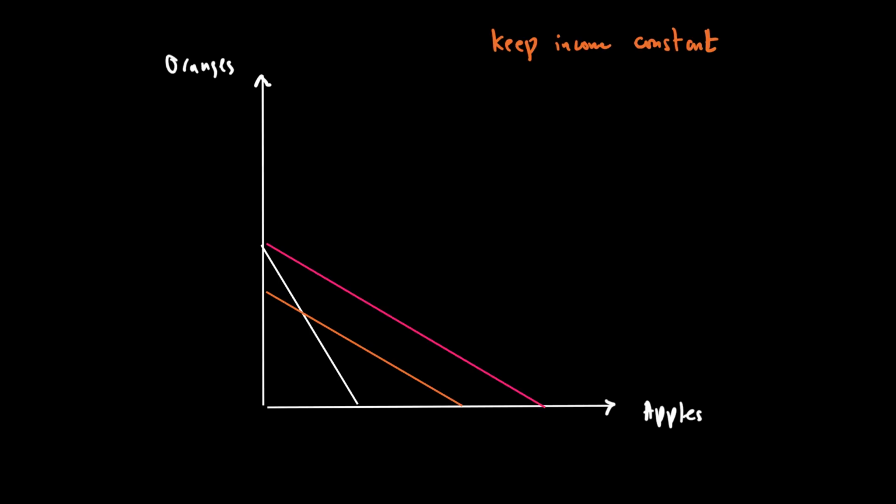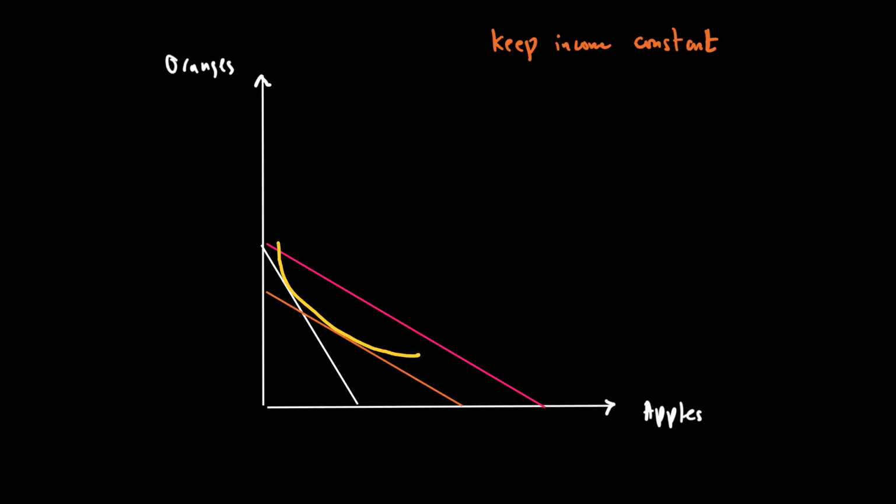So my first goal will be to look at our substitution effect. The way we look at our substitution effect is that we will make an indifference curve that is tangent to the white and the orange line. So let me draw the graph of an indifference curve that is tangent to both these budget lines.